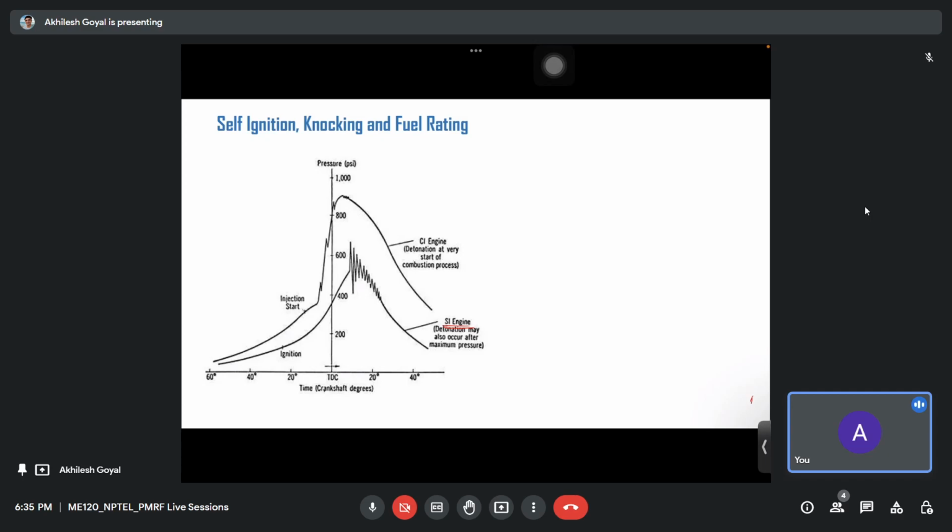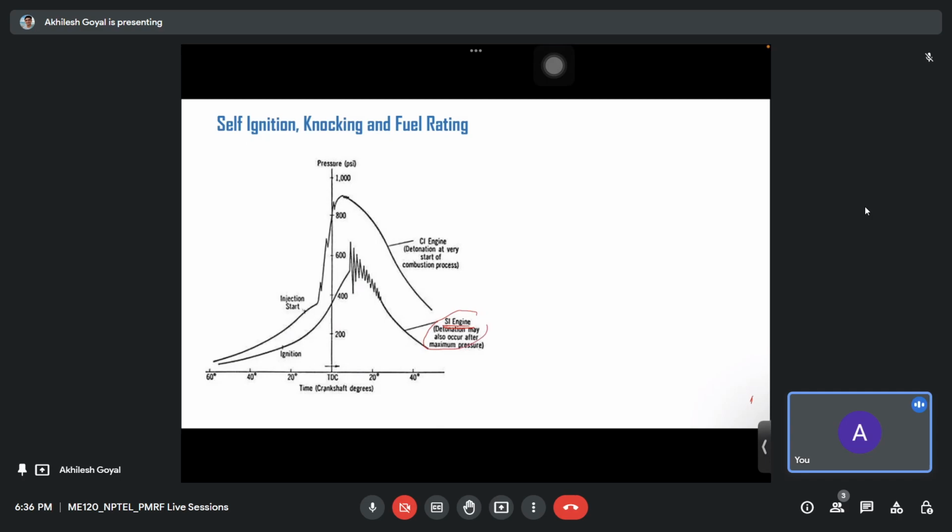One flame front is coming from the top, and the second combustion starts from the bottom, and at some particular point both the fronts meet, both the pressure waves meet, and a high vibration is created, that is called knocking. And this happens after the combustion starts. This is the phenomenon in SI engines.